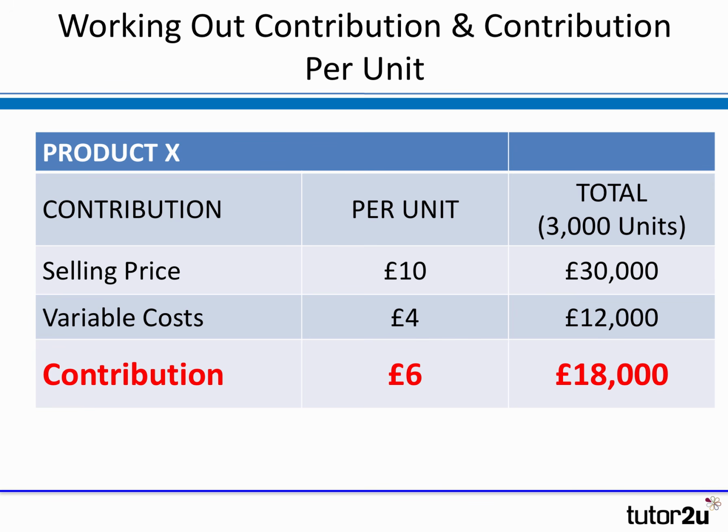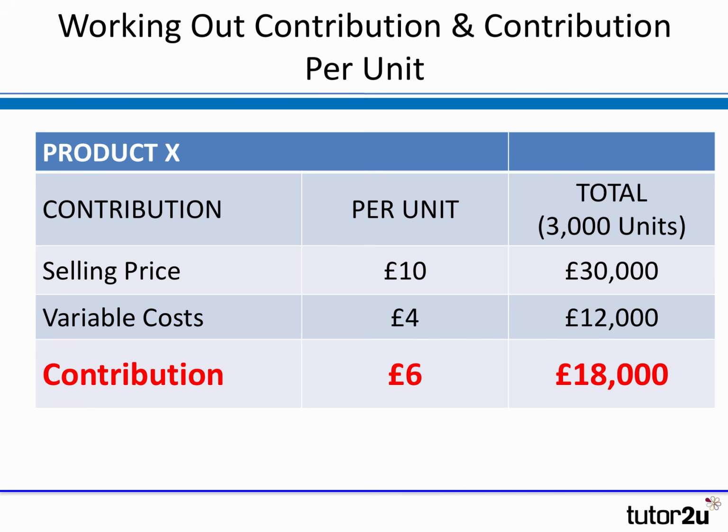And we know that total contribution is total revenues, £30,000, less total variable costs, £12,000. That gives me a contribution towards my fixed costs in the month of £18,000. And of course, you can see that £18,000 is the contribution per unit of 6 times the number of units, 3,000. So 18,000 of contribution.